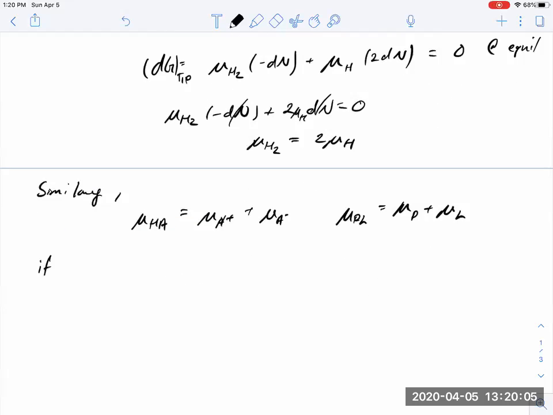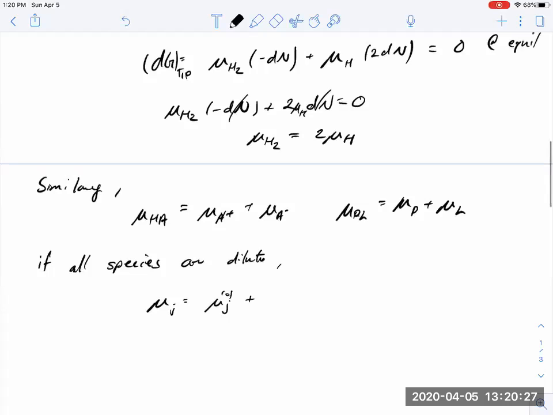And if all of these species are dilute, then for each one of them, we know the forms of their chemical potentials. It's going to follow this dilute solution theory that says that chemical potentials will be a sum of a standard state chemical potential and kBT log the density of each one of those components relative to that standard state.